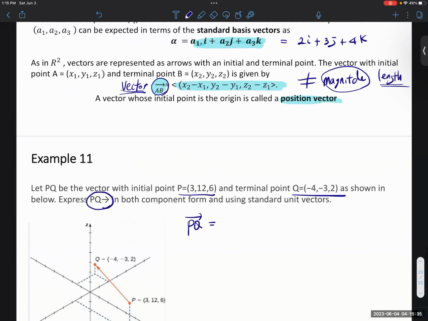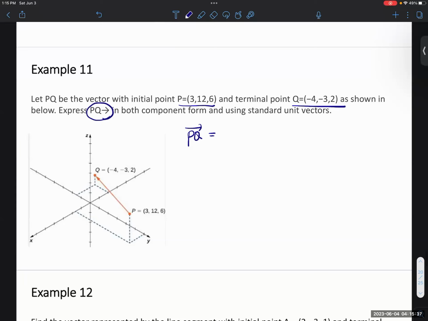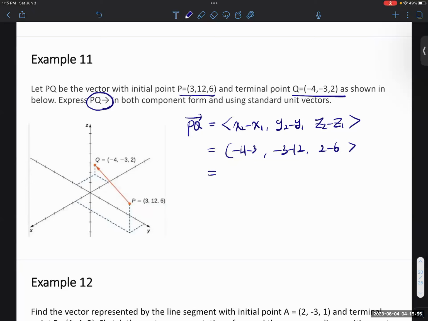According to that formula, PQ vector is going to be x2 minus x1, y2 minus y1, z2 minus z1. So that would be -4 minus 3, -3 minus 12, 2 minus 6. Okay, so that would be -7, -15, -4.